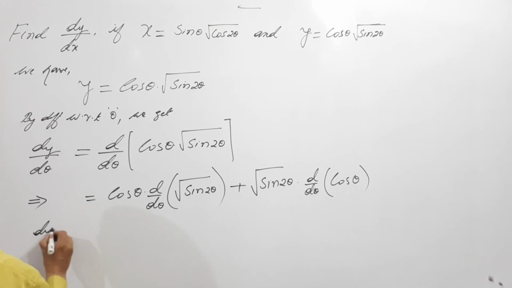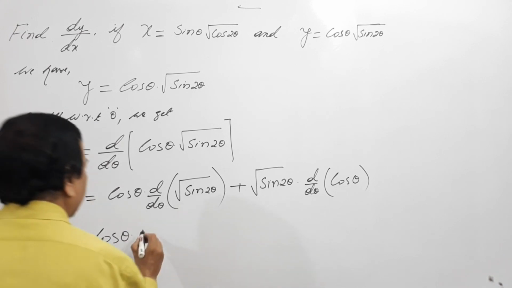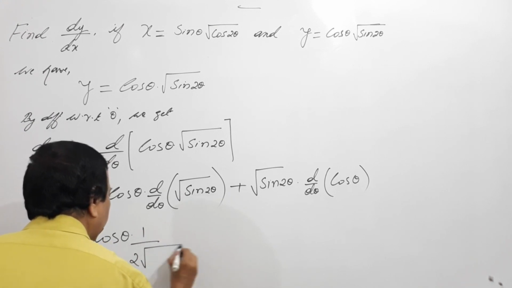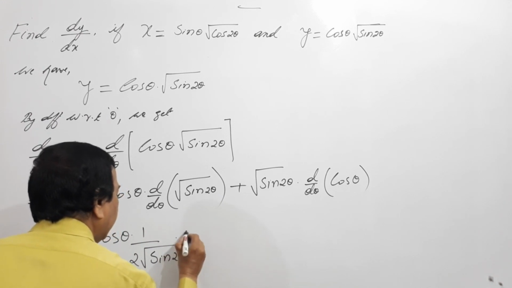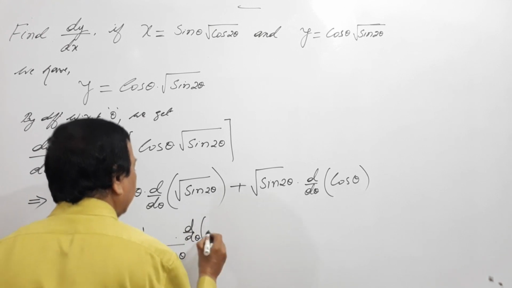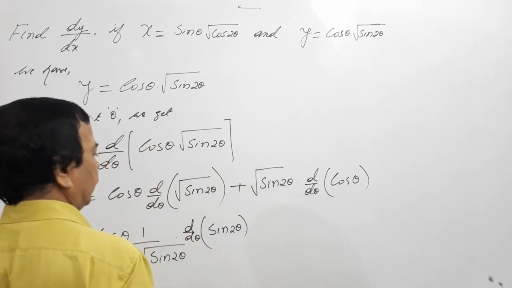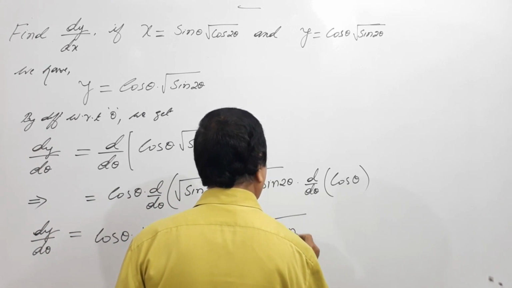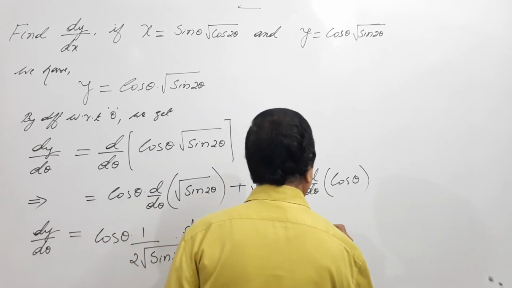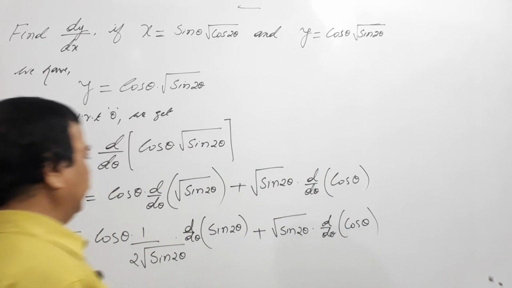So dy by d theta equals cos theta, this becomes half into, we keep as it is, sin 2 theta into d by d theta of sin 2 theta, plus under the root sin 2 theta into d by d theta of cos theta.